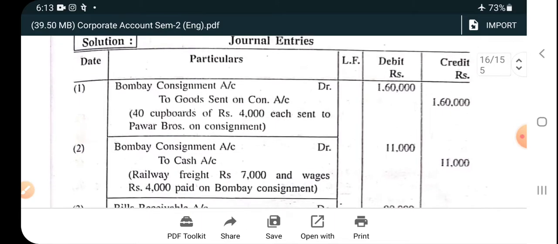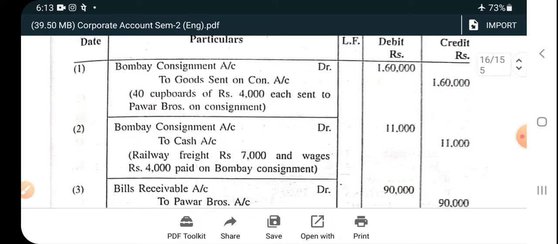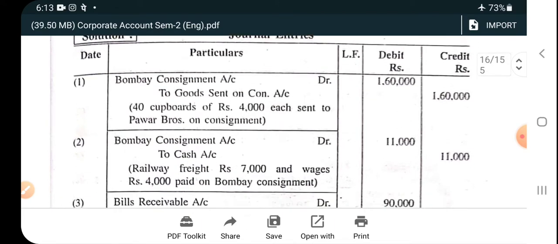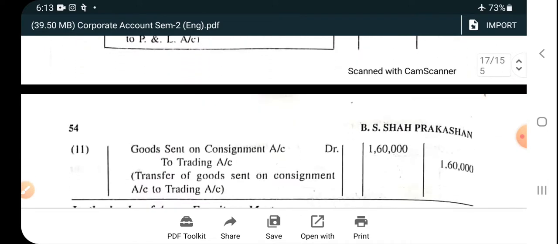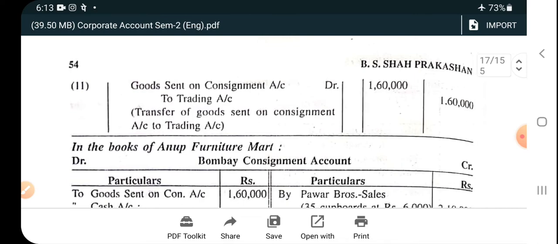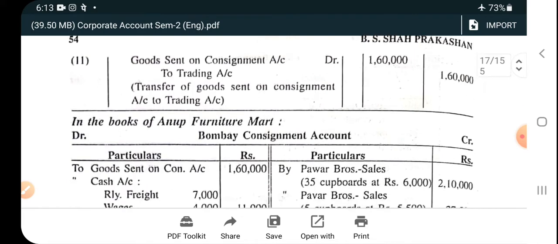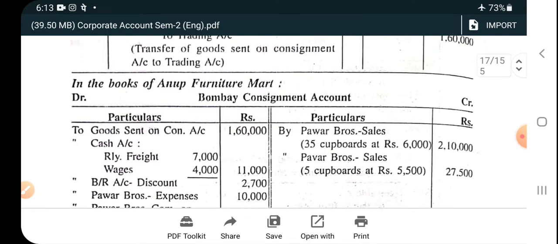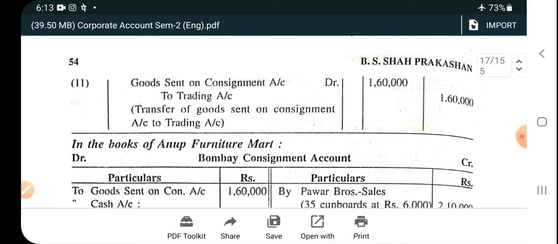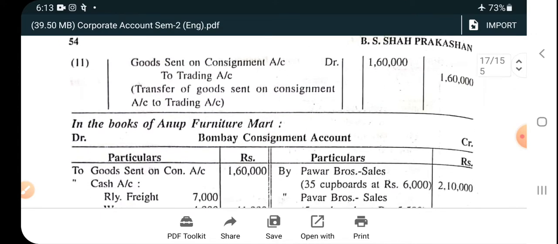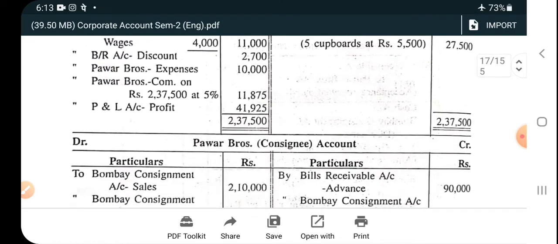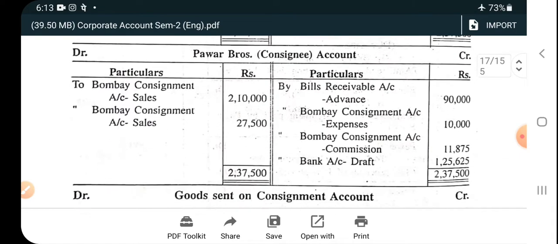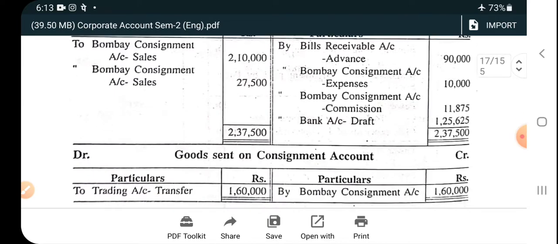He is the consignor. The consignor writes from the first journal entry to the 11th journal entry. So these 11 journal entries are in the book of the consignor, and the consignor also prepares the consignment account, goods sent on consignment account, and the consignee's account.